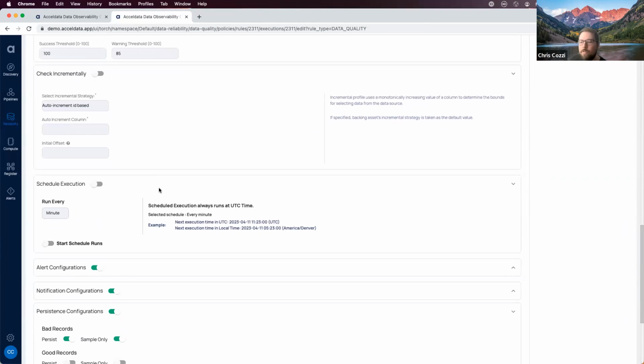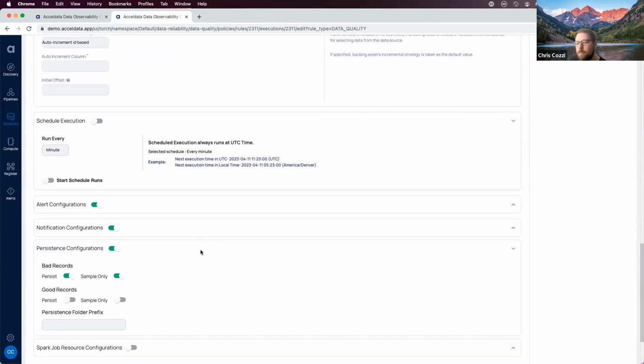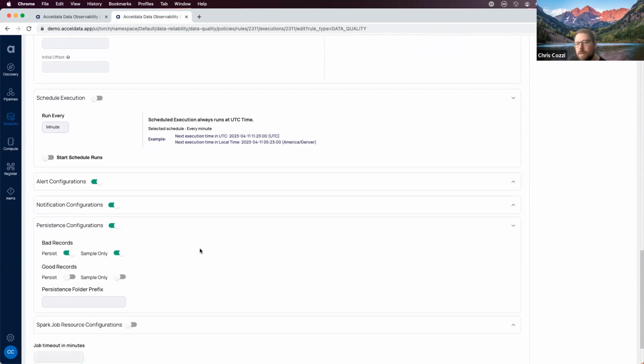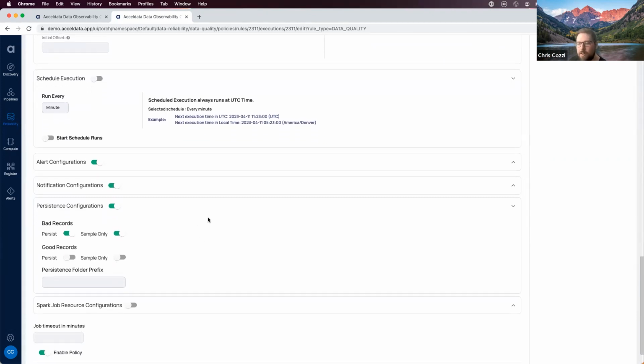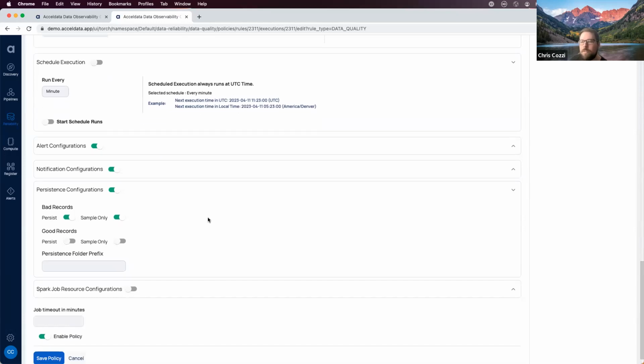This is also then often paired with some persistence capabilities we have. The idea here is as that decision point in your pipeline, instead of just doing a binary, continue on or abort, you can pair this with some essentially record routing where we can save off either the bad records or both the good and the bad records and use those in downstream pipelines.